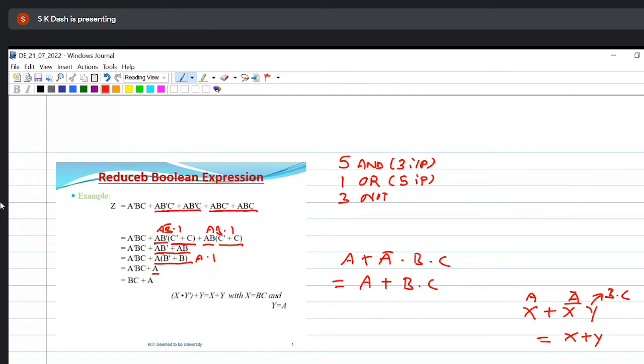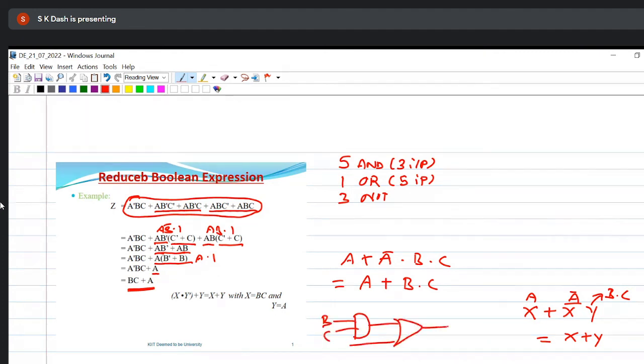Now you can observe that instead of this complicated expression, the function is reduced to A plus B dot C. To implement this, what gates are required? I will require an AND gate and an OR gate, and I'll get Z here.